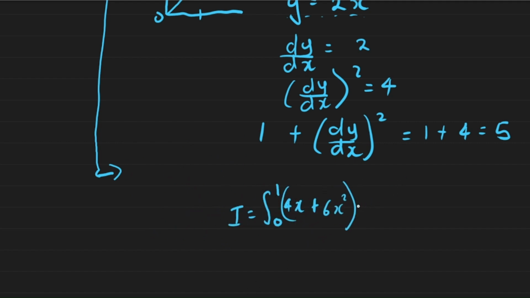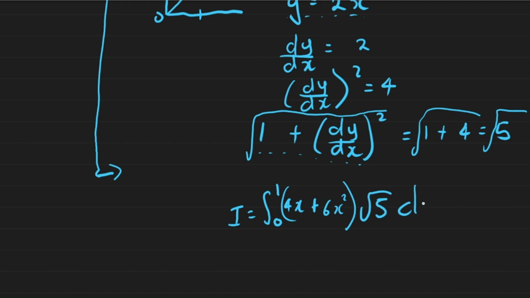Yeah, so that's our function, and we have to have the square root of 1 plus (dy/dx) squared, and that's the square root of 5. And of course multiplied by dx. So we have our function, and we have ds.